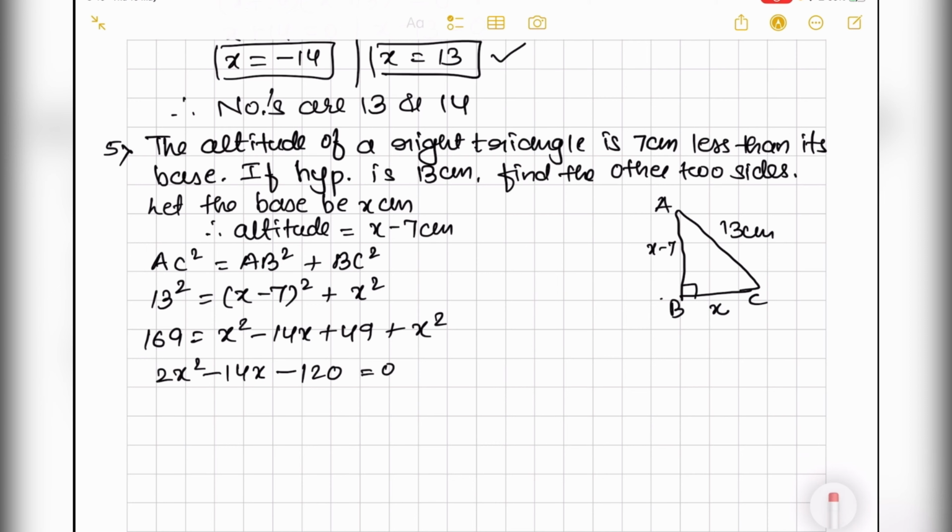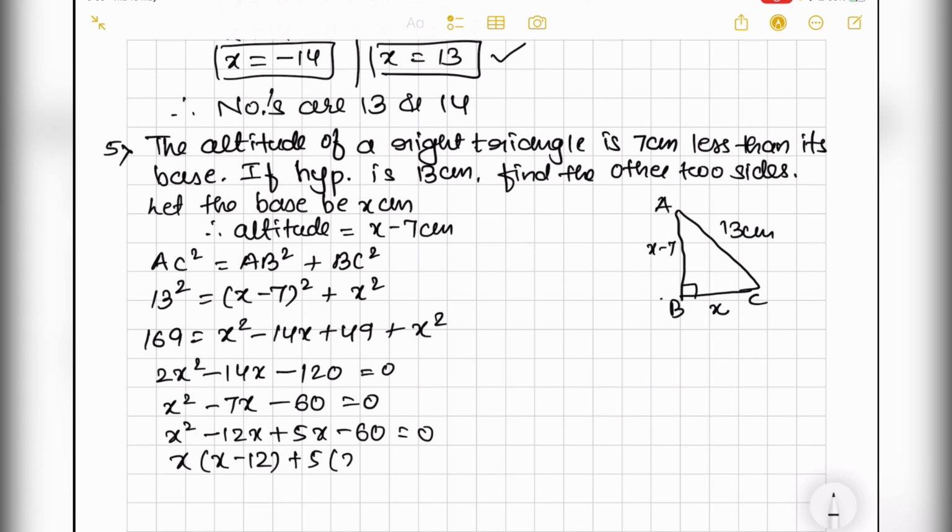Now everything is divisible by 2. So can I say x² - 7x - 60 = 0. So we need factors of 60 whose sum is -7. So 12 and 5 are the factors. So x² - 12x + 5x - 60 = 0. So x(x - 12) + 5(x - 12), so (x - 12)(x + 5) = 0.